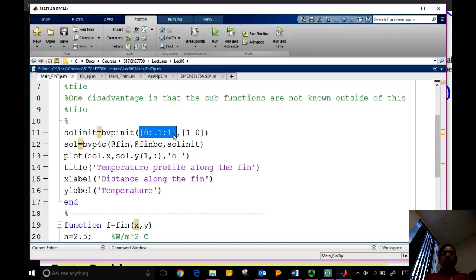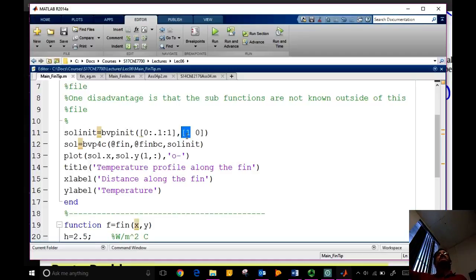Then the next one is the initial guess. It says for theta, or y1, take the value to be 1 and assume the value to be 1 everywhere. You can provide a vector if you want, but if you provide just two numbers, it says, okay, I'm going to take the first number and assign it to y1 and set it on every grid point as equal to the same value.